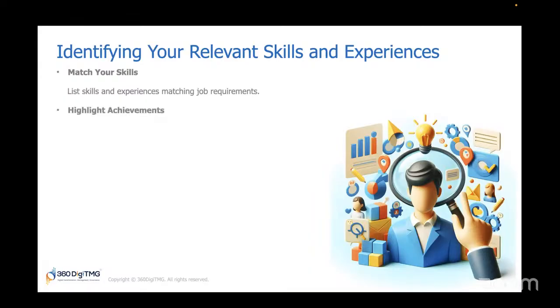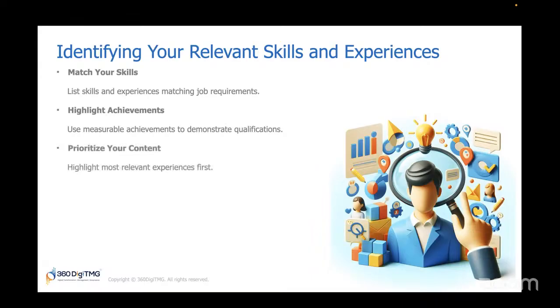Then after looking at the job description, you have to match the relevant skills and experiences that you have in your resume with those mentioned in the job description. Whatever achievements or qualifications you have gained in a previous job or institution, you have to mention those in your resume.